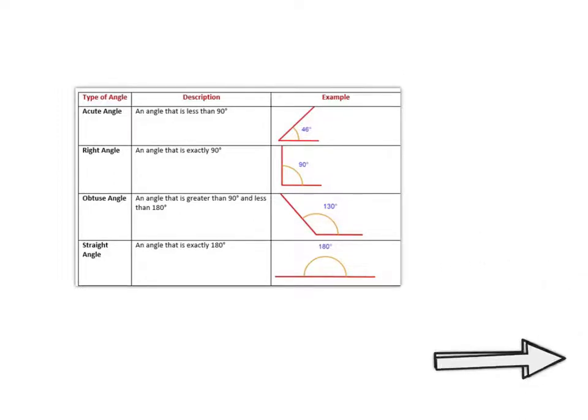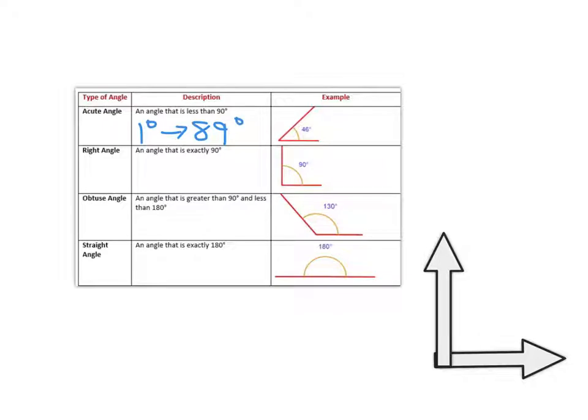Once they fall on top of each other, it's no longer an angle. And once it is perfectly perpendicular, straight up and down and side to side, that makes it a right angle. So an acute angle is any angle that measures 1 degree all the way up to 89 degrees.